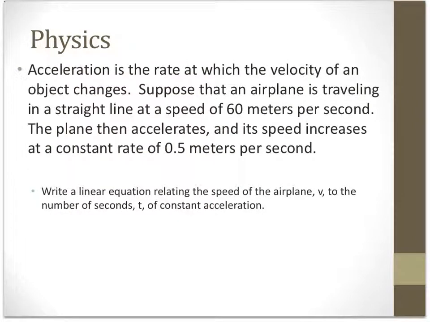Now write a linear equation relating the speed of the airplane, velocity, to the number of seconds t of constant acceleration. So we know when time is equal to 0, velocity is equal to 60. Because time is 0, this is our y-intercept. We know that the constant rate of change, which is our slope, is 0.5 meters.